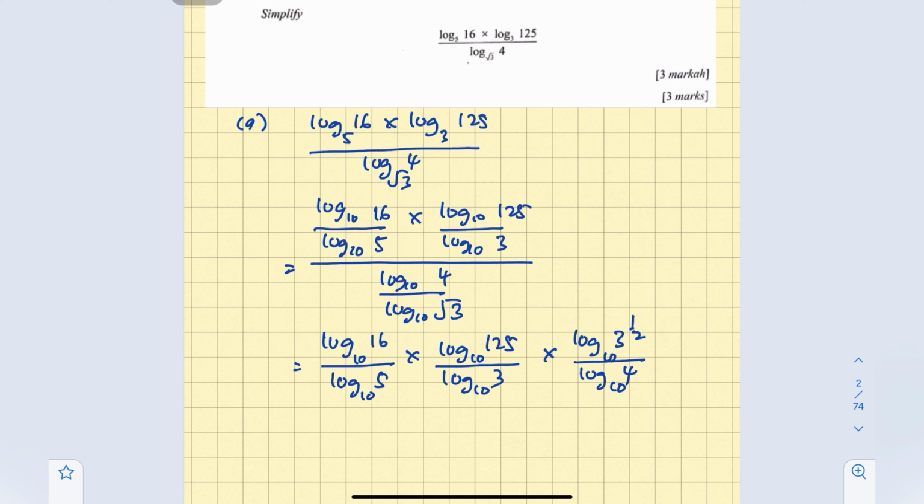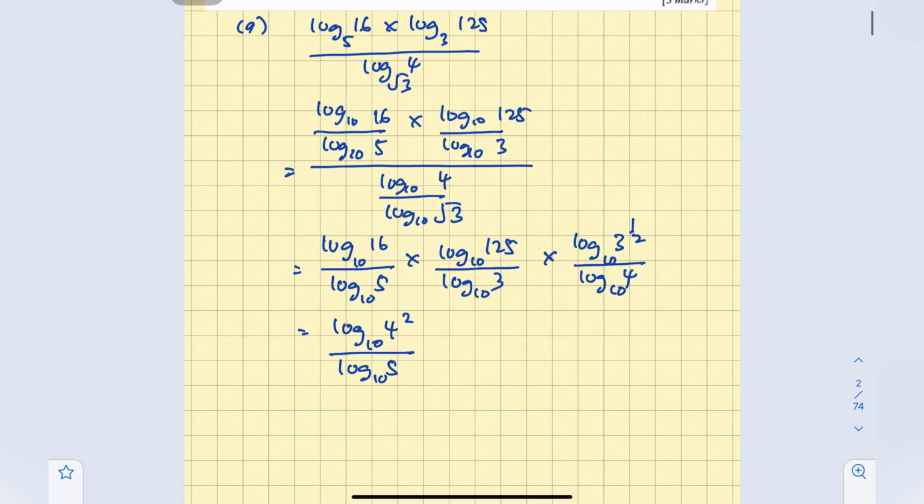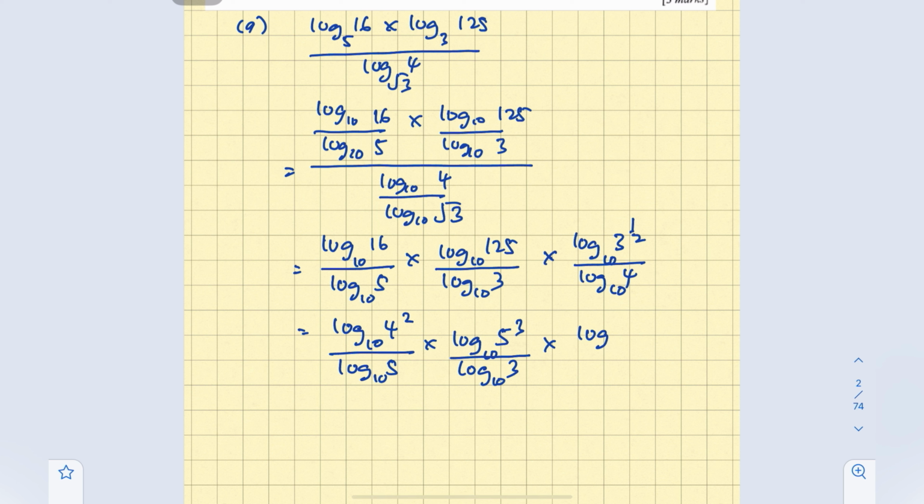Okay, so 16 is 4 squared, so this one is log 4 squared base 10 over log 5 base 10. Log 125 is log 5 cubed base 10 over log 3 base 10, times log 3 to the power of half base 10 over log 4 base 10.